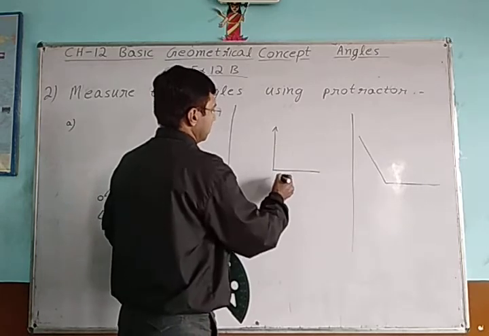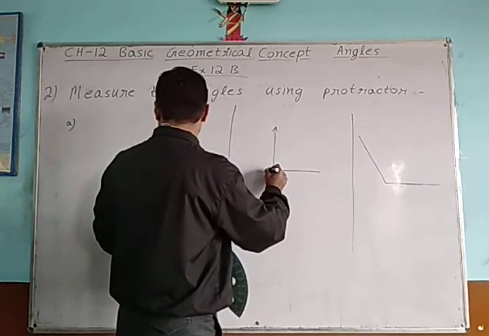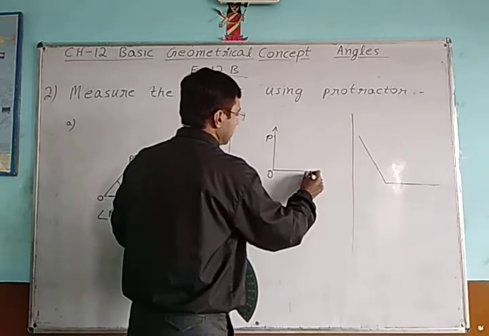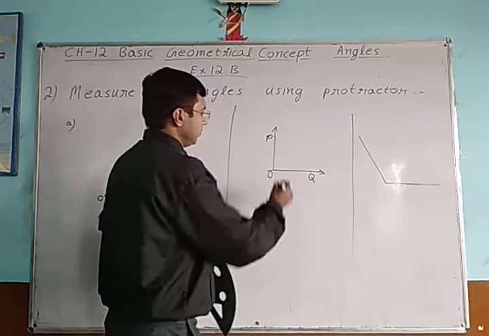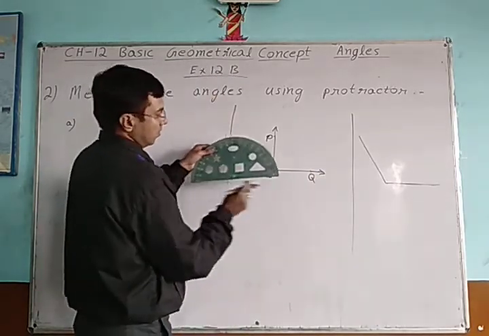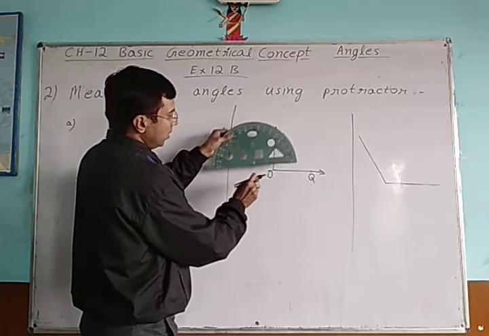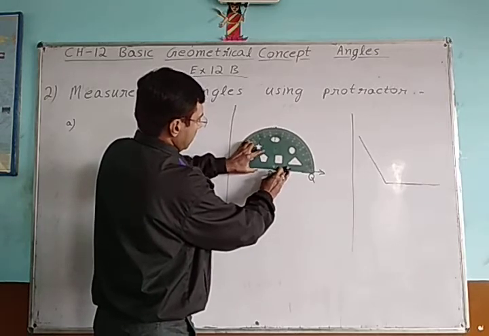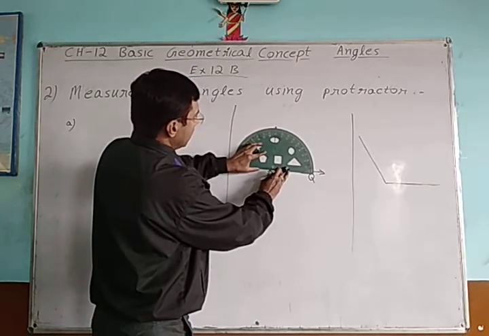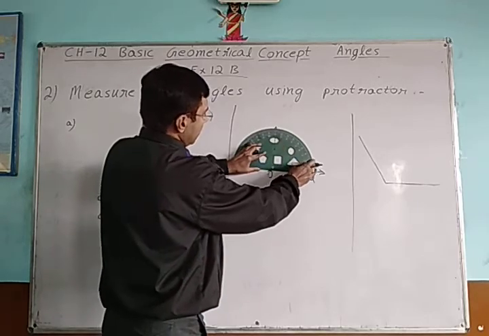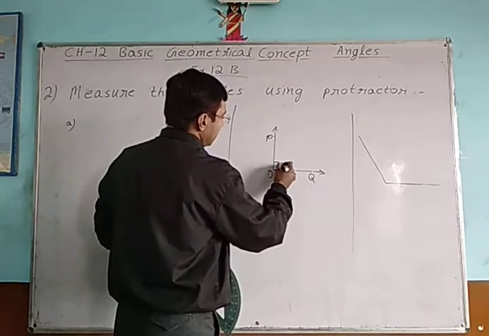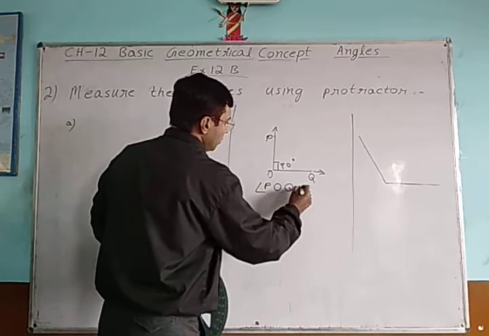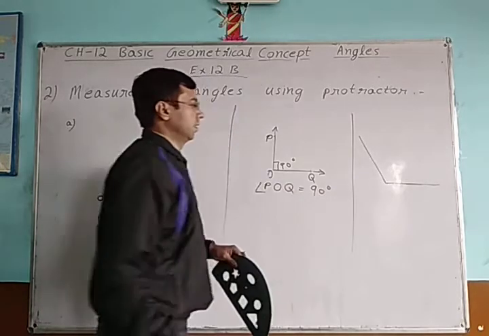Now next, P, Q. Clear, student? Again we will put this middle point at this vertex, and then we will measure. See, 90 degree. Clear? 90 degree. Angle POQ is equal to 90 degree.